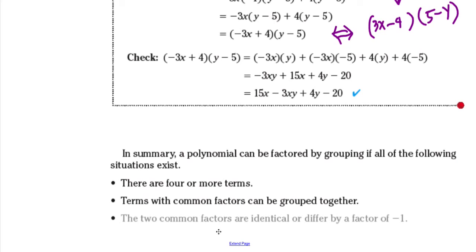And finally, the two common factors are identical or differ by a factor of negative 1. So these are the three situations that must exist for you to be able to use the grouping method for factoring.